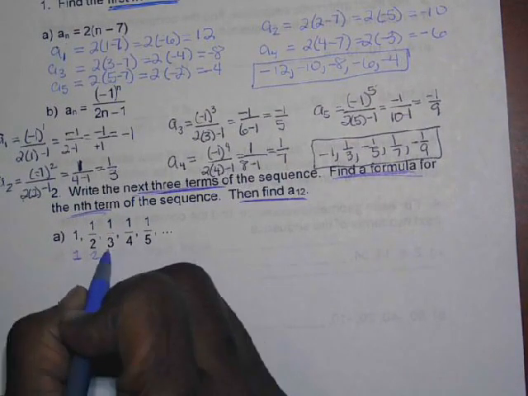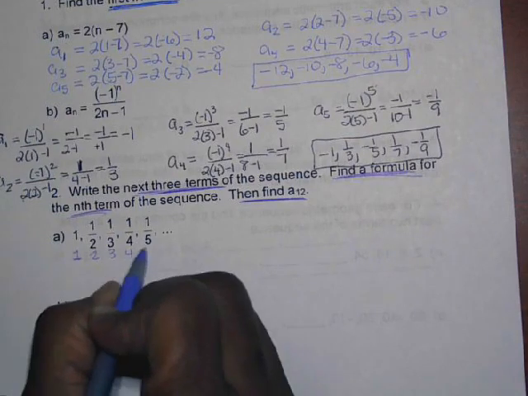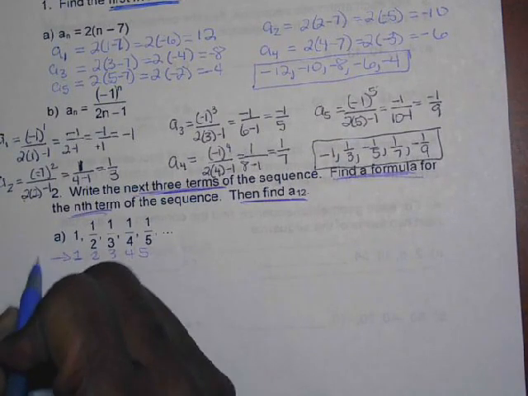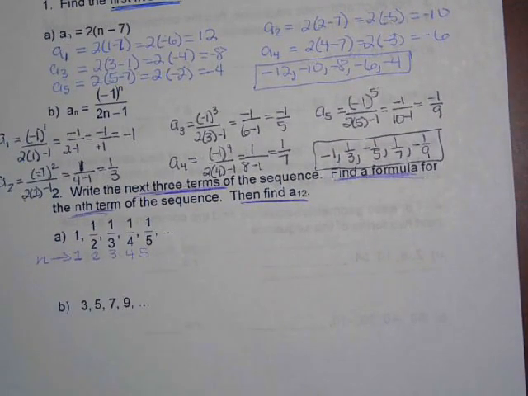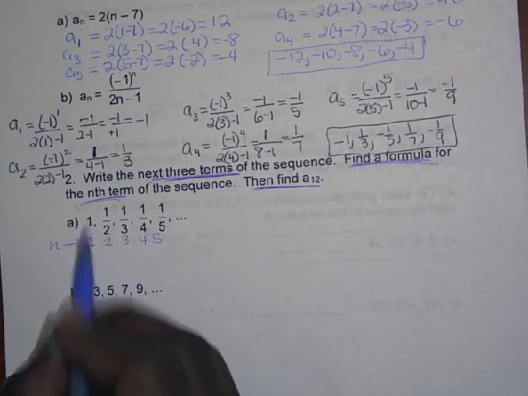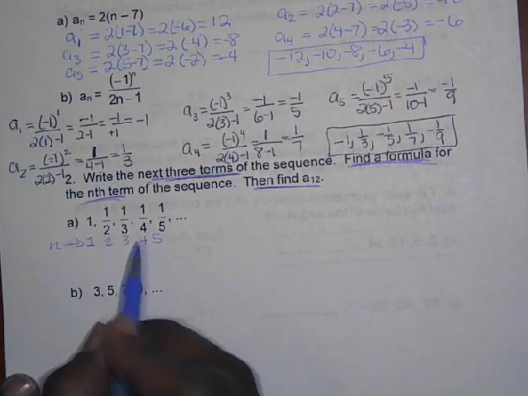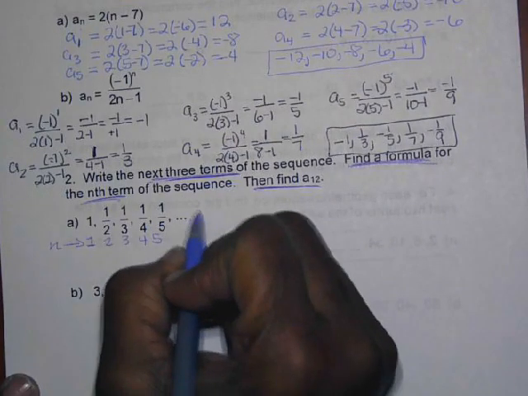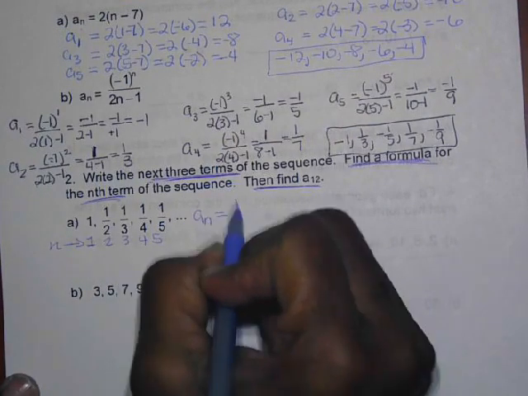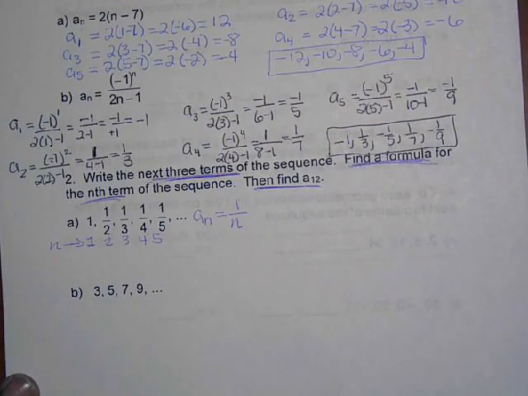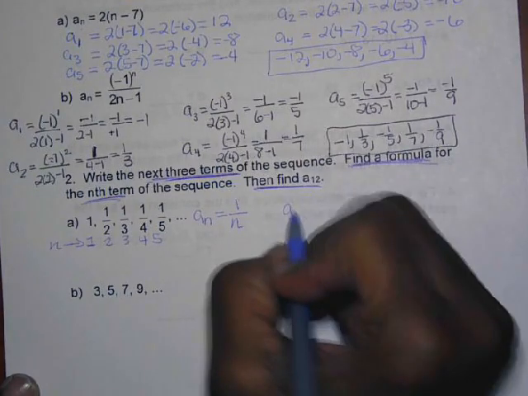Second term, third term, fourth term, fifth term. These are my n's. These match up. So my formula is going to be 1 over n. Find a sub 12.